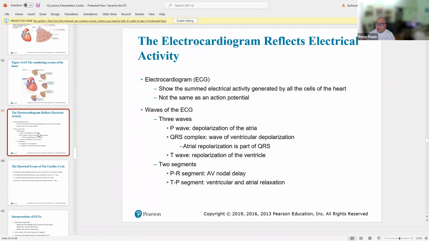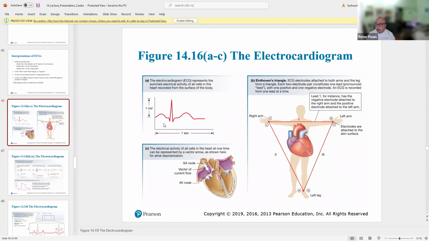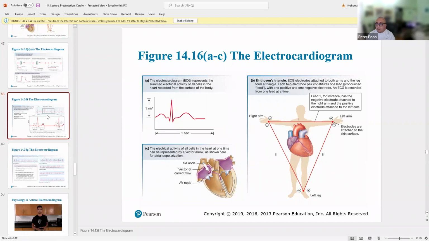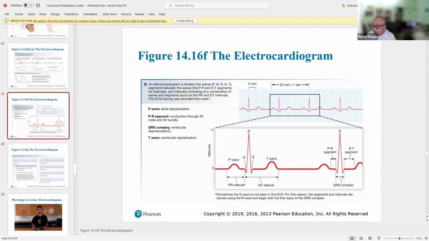So this is a P wave. It signals the depolarization of the atria. Okay, so let me draw this out. This is a P wave. This is a QRS interval.